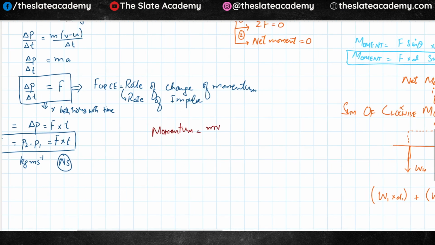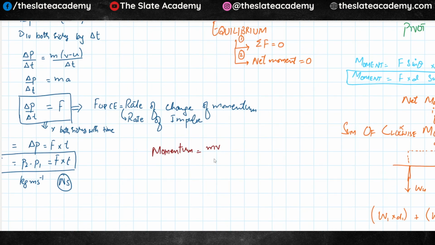The condition for equilibrium is that net force should be zero, which means delta P by delta T should be zero, which means delta P should be zero, which means that momentum must not have been changing for this body, or in other words, the body is moving at constant velocity.